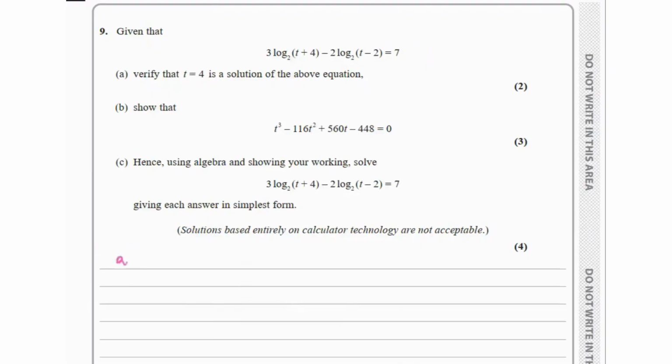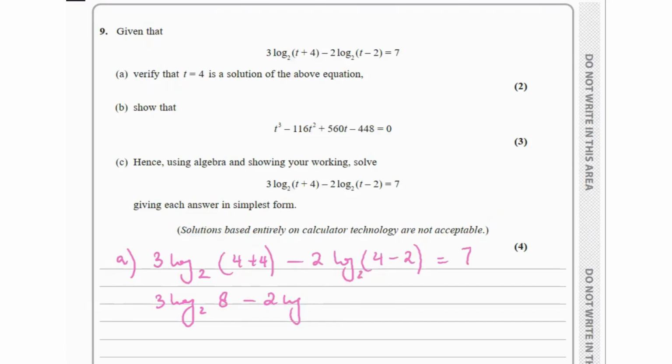3 log base 2 of 4 plus 4, minus 2 log base 2 of 4 minus 2, equals 7. 3 log base 2 of 8 minus 2 log base 2 of 2 equals 7. Log 2 to the base of 2 equals 1.